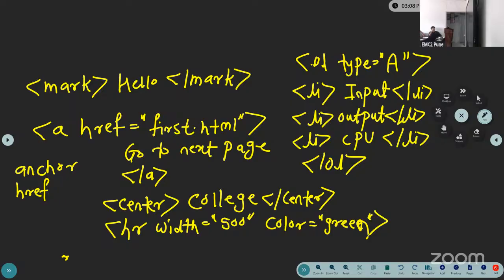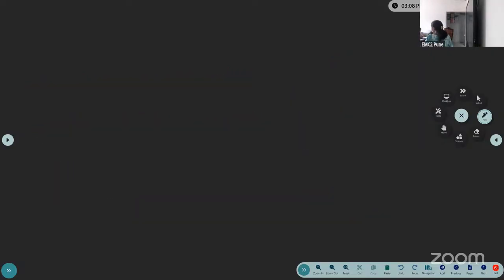Okay. So I will explain the UL. UL is for an unordered list. Unordered list has an attribute called type, which can be circle, square, or disc. Disc is a filled dot, square is a square, and circle is a blank circle. So this is UL type.